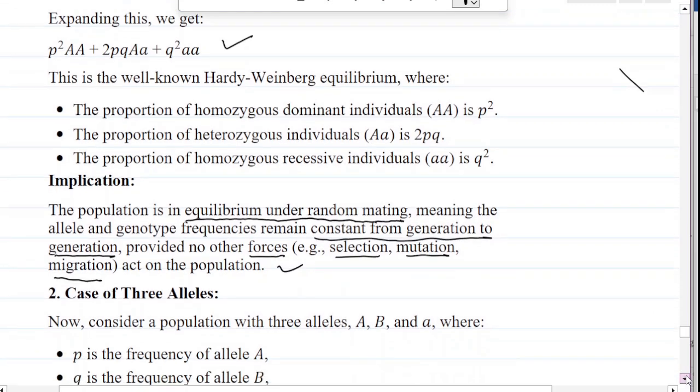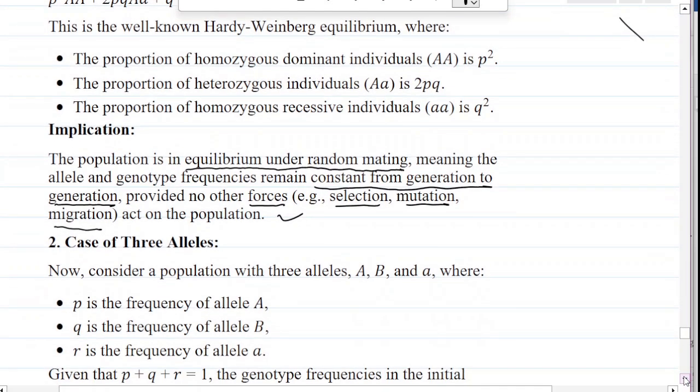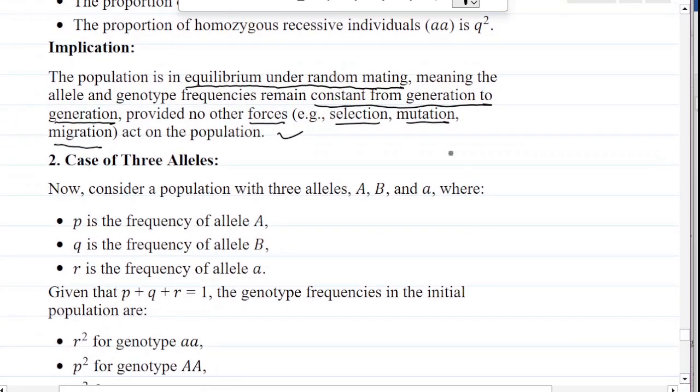Now come to the case of three alleles. Suppose we have a population with three alleles, capital A, B, and small a. P is the frequency of A, Q is the frequency of B, and R is the frequency of allele small a, in such a way that P plus Q plus R is equal to 1.